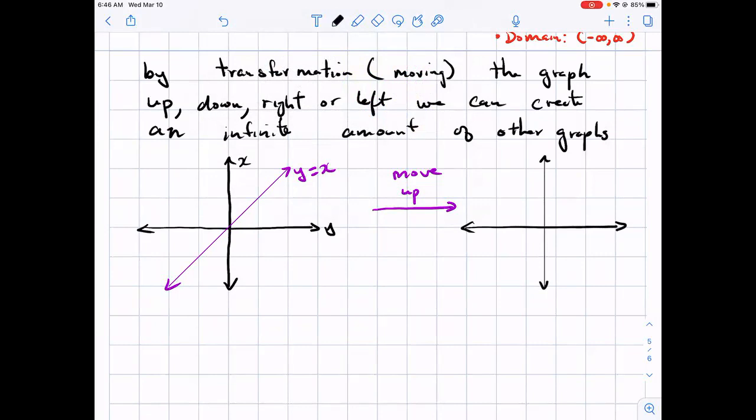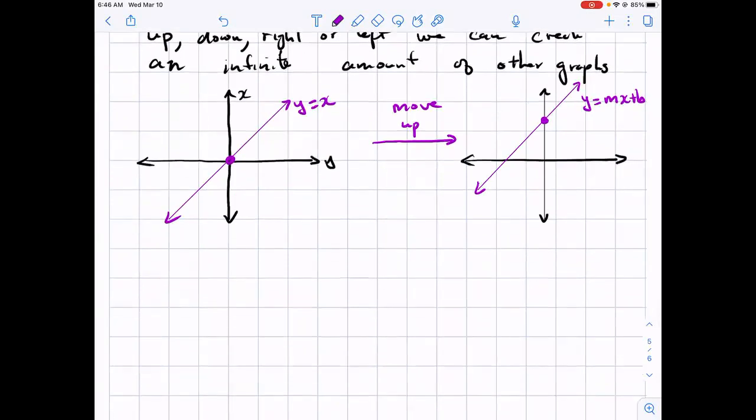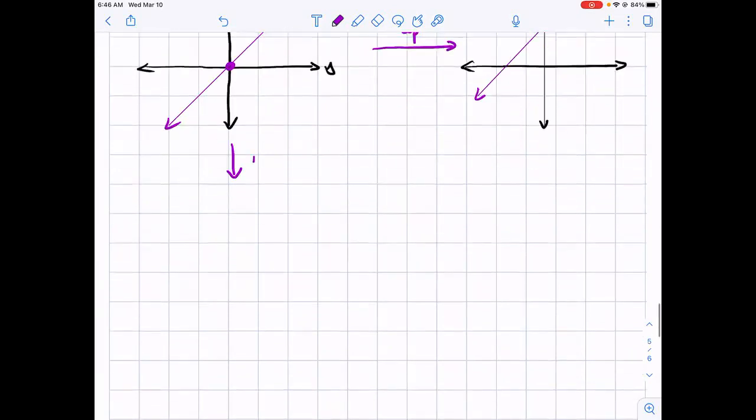If we shift this point, which is on the graph, here, then we can have a graph that looks like this, and this is now in the form y equals mx plus b. Or if we move it downward, we can have a graph that looks like this.